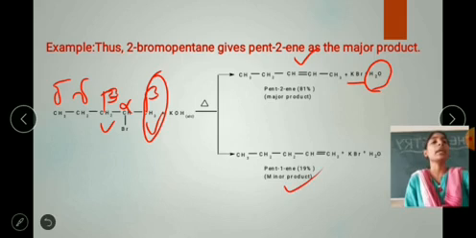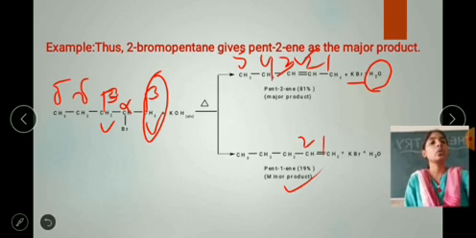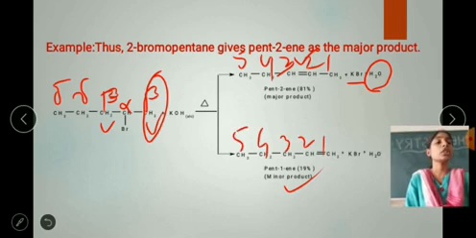Here it is pent-2-ene because 1, 2, 3, 4 and 5, right? So since the alkene is at the second position, it is pent-2-ene, and here also 1, 2, 3, 4 and 5. Since we have the double bond at the first position, it is a pent-1-ene, and potassium bromide along with water is formed.